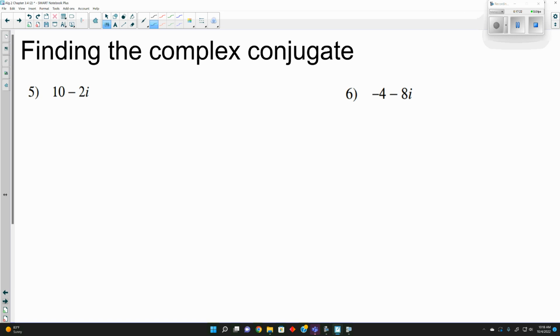And minus 2i would be? And lastly, negative 4 minus 8i? I think we feel comfortable with these here, yes?